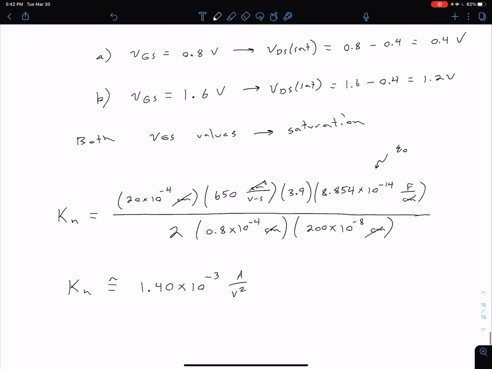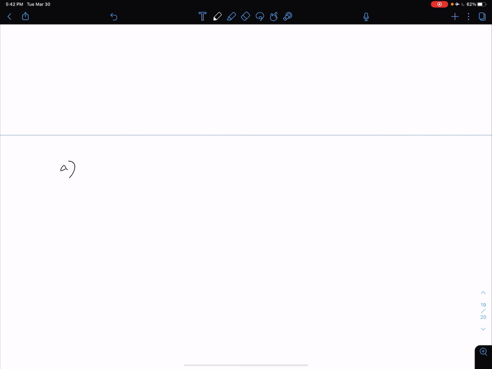So we had, again, our 2 gate voltages. So let's start with part A. We were looking at a gate voltage of 0.8 volts. So we have that our ID is going to be approximately equal to that Kn value of 1.40 times 10 to the minus 3rd amps per volt squared times our 0.8, which is our VGS, in volts, minus our threshold voltage, 0.4 volts, and that quantity squared.